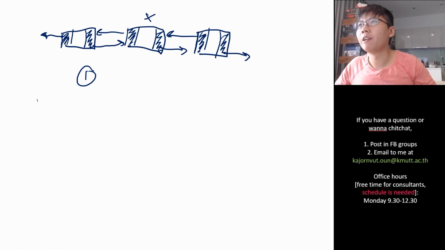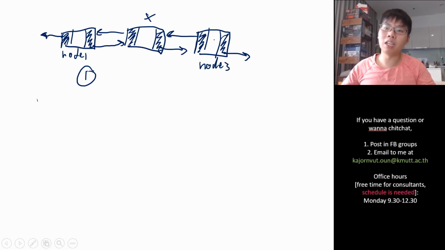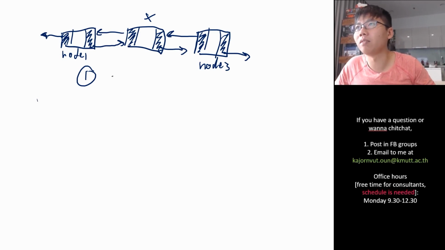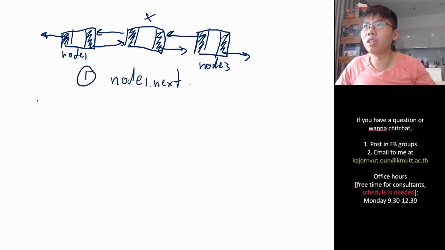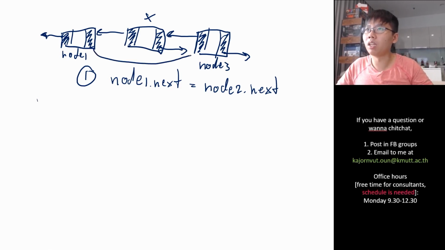Okay, you have node 1 and then you know node 3. Since it is a double linked list, you know it for sure. You want to delete this one, so you can traverse to this one and this one first, right? And then you change node 1.next equal to node 2.next, which means you remove this one and make it point to the last node.